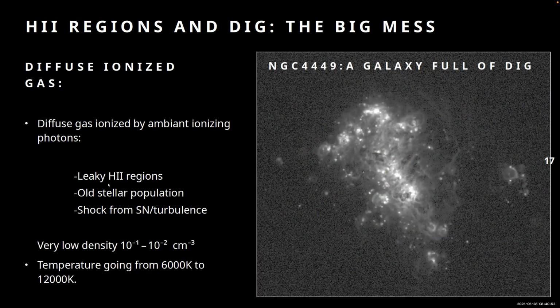The diffuse ionized gas has a very low density, typically below 1 particle per centimeter cube. It is ionized by many sources. It could be leaky H2 regions. It can be white dwarfs of the older population. It can be supernovae or turbulence. So you have many ionization sources, and one of the ways to see it is in the line ratio. Depending on what the sources are, we're going to see differences in the line ratio.